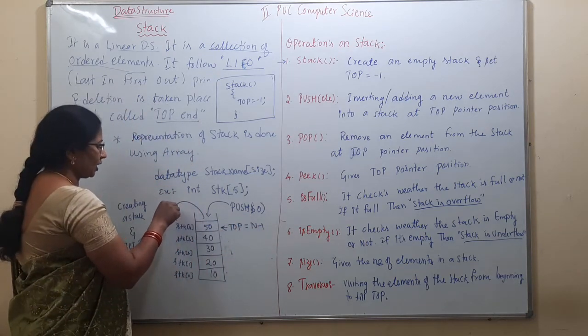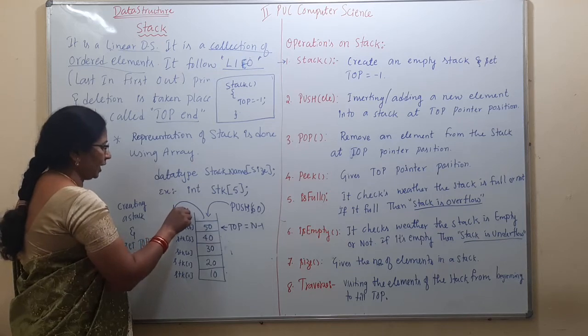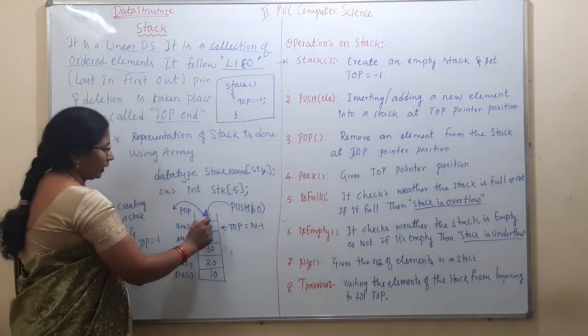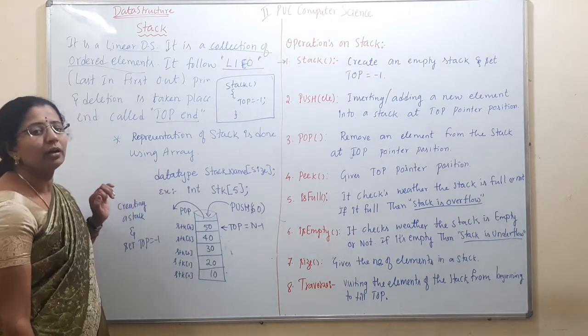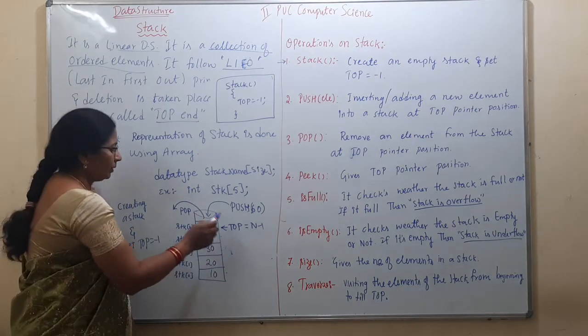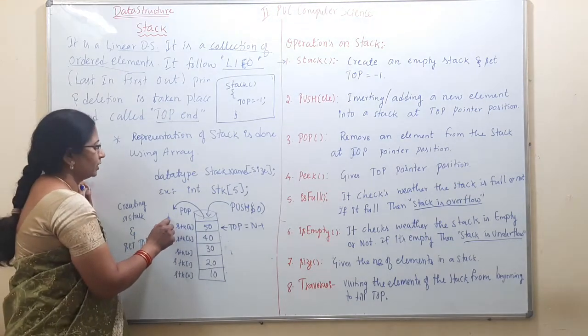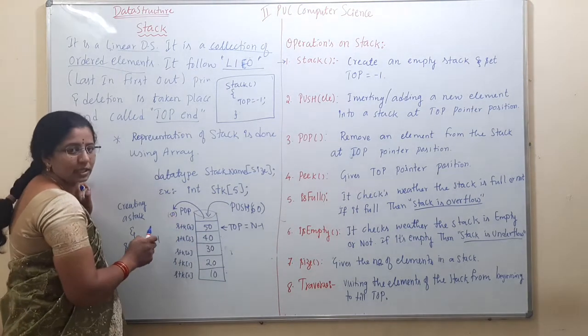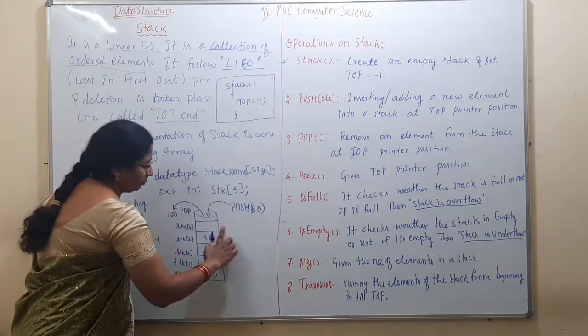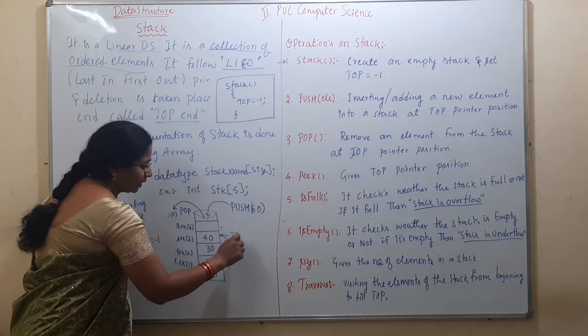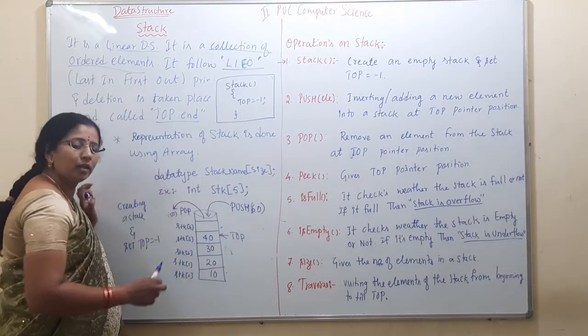Both insertion and deletion take place at only one open end, called the top end. The element which is present at the top is eliminated first. Then decrement the top pointer by 1.